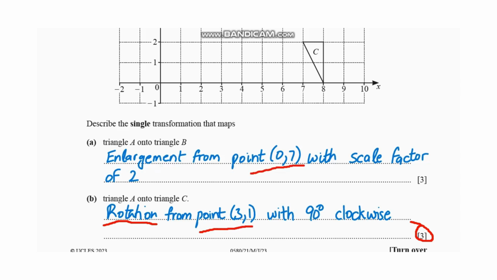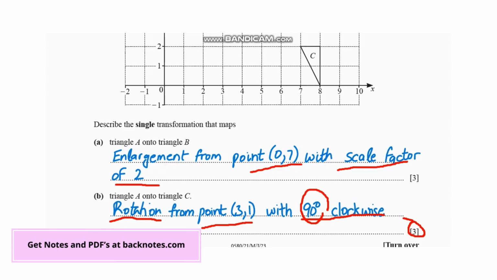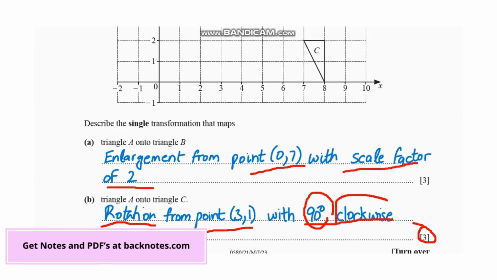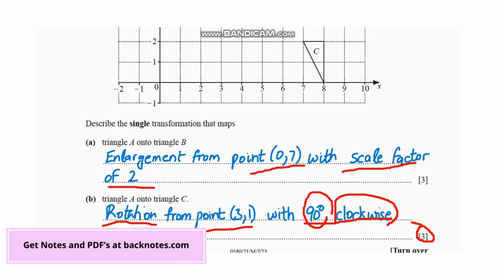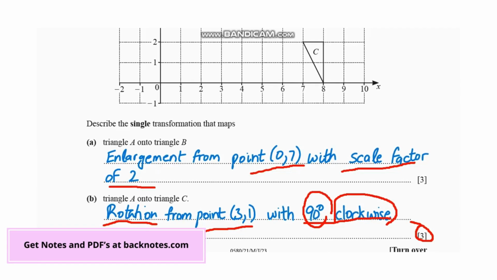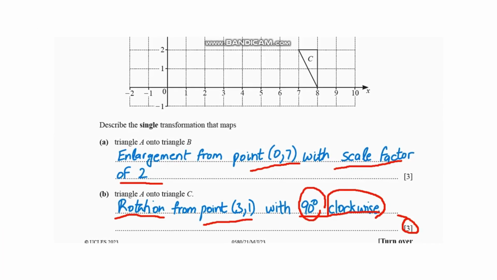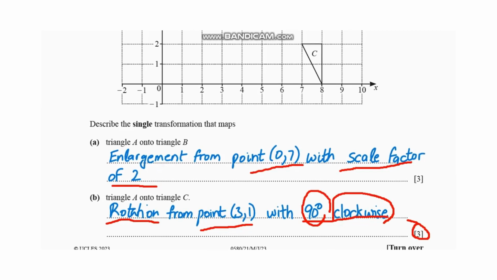And third mark you will get is with scale factor of 2 or 90-degree clockwise. If you write 90-degree, you will get half mark. But you also have to write clockwise to explain in which direction it will be rotated, whether clockwise or anti-clockwise. So this is what you have to do.